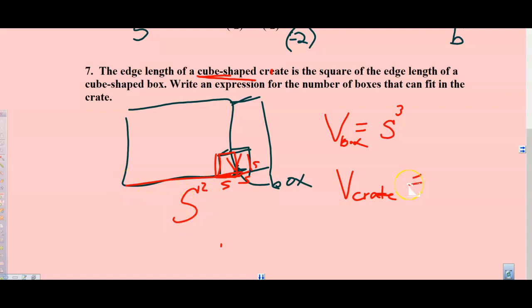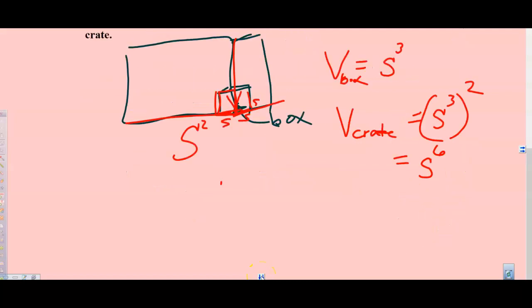Well, to find the volume of the crate, we would take the volume of the box and square it because that's what they told us to do. If the length is squared, the height is squared, and the width is squared because they're both going to be cubes, that would mean that the volume of the crate is equal to S to the 6th power, whatever the side length is.